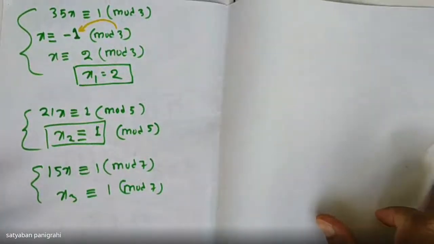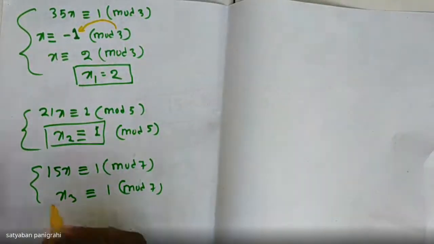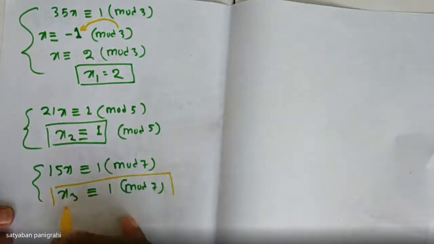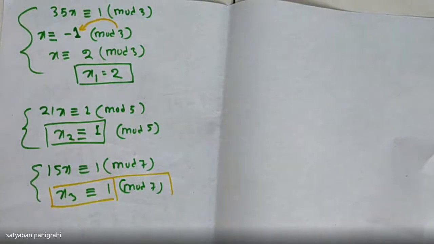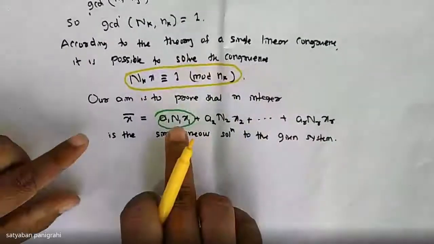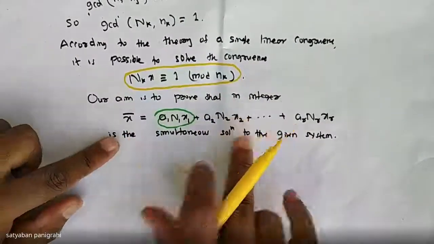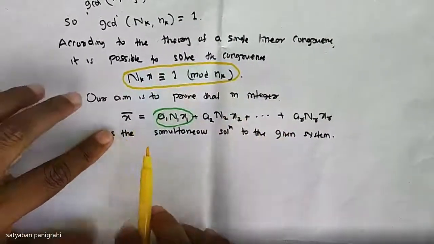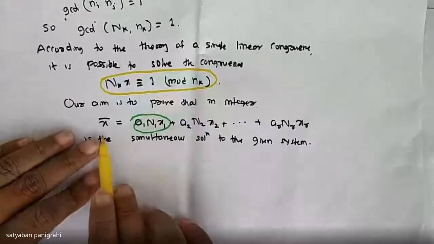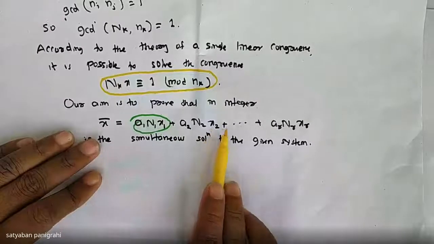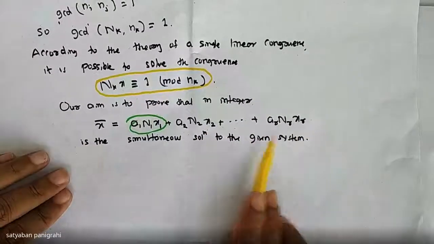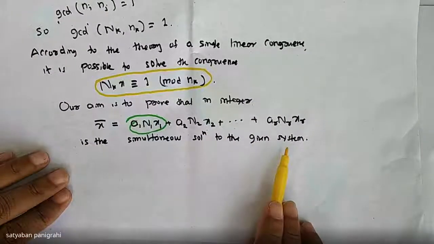Now we have x1, x2, x3, all three. Then what do you do? Again go to the statement of the theorem, the proving method. Here it says x bar as a1 n1 x1 plus a2 n2 x2 plus up to ar nr xr is the simultaneous solution to the given system.